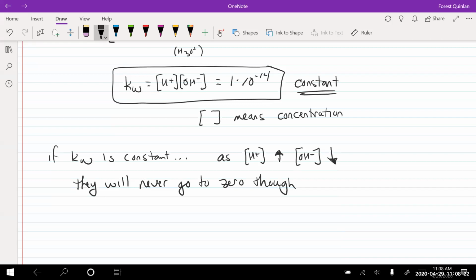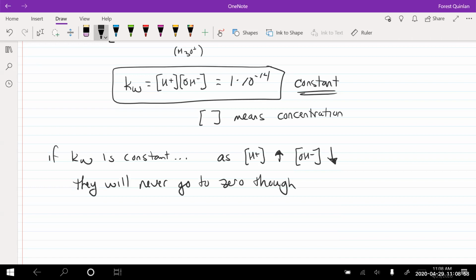So the implications of this, well, I should say first, let me talk about what it means that as one goes up, the other goes down. You can imagine that if you had $100 to give out to your friends, you could either give one friend a $100 bill, or you could give 10 friends $10 bills, or you give 20 friends $5 bills. As the denomination or the number of friends goes up, the denomination goes down. So it's constant, but you can never give out 0 money to somebody because there is a constant amount of it.